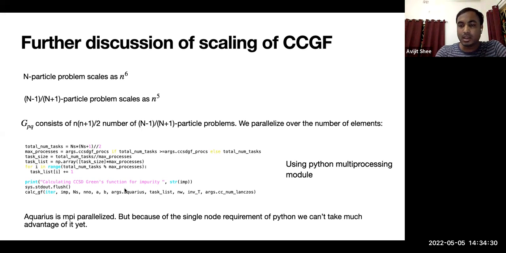But it is a particular kind of parallelization where all the different arrays, like integral arrays, are distributed with MPI, while distribution over elements is not actually possible.